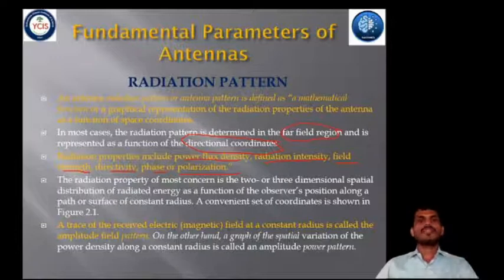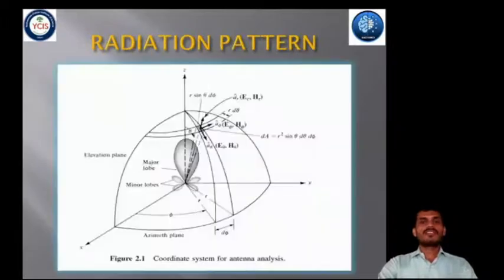So each and every radiation pattern has its own radius, and each radius may be constant or it may be different. Now a convenient set of coordinates can be seen by using this diagram.